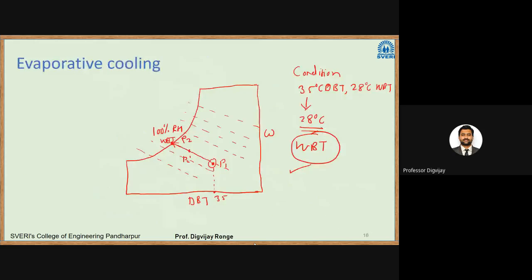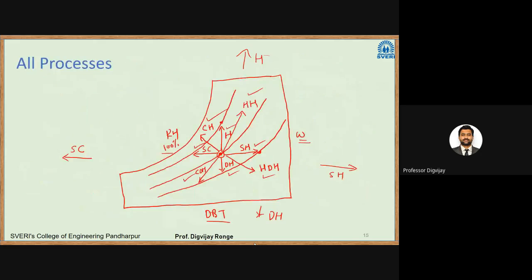In the previous lecture, we have seen some of the processes. I have already taken revision on this. All the processes involved in the psychrometric chart are shown on this diagram: sensible heating, sensible cooling, humidification, dehumidification, and all the mixed processes like heating and humidification, cooling and dehumidification.